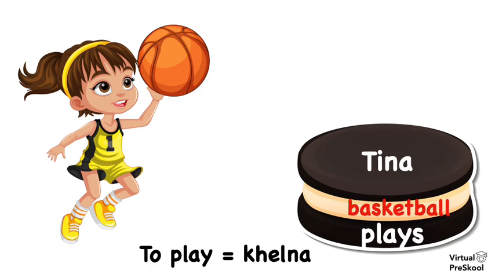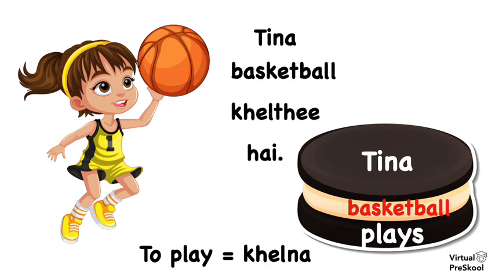And now put it all together. Tina basketball khelti hai. So when you're putting your sentence together, you should be putting it from top, middle, and bottom, right? Tina basketball khelti hai.